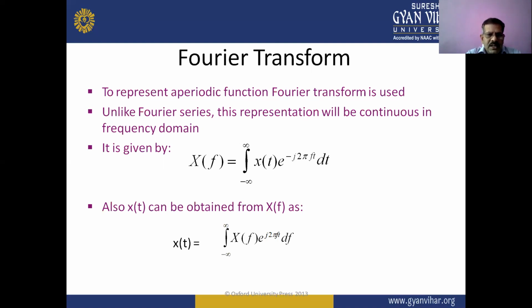Also, x(t) can be obtained from X(f) as x(t) equal to the integration from minus infinity to infinity of X(f) e to the power j 2 pi f t df. So this is the value of x(t) in the form of the frequency domain.